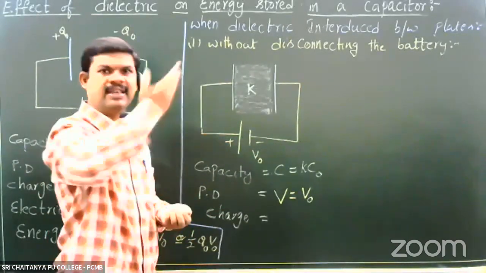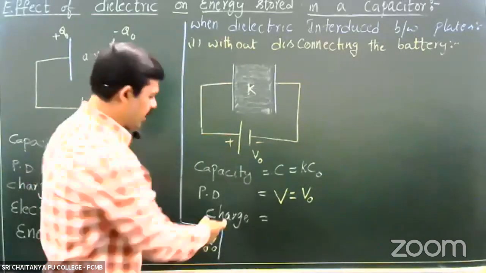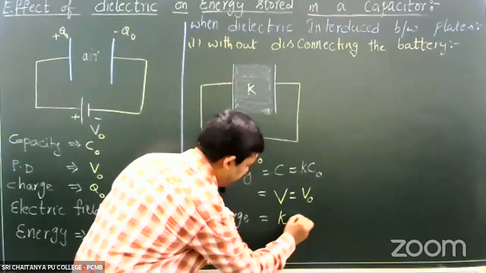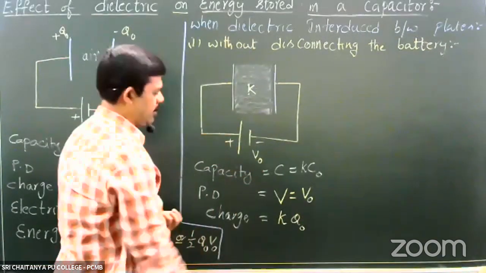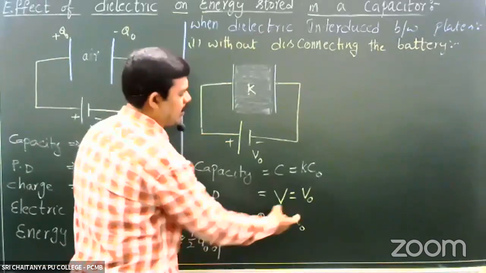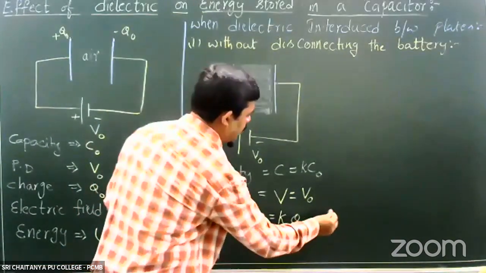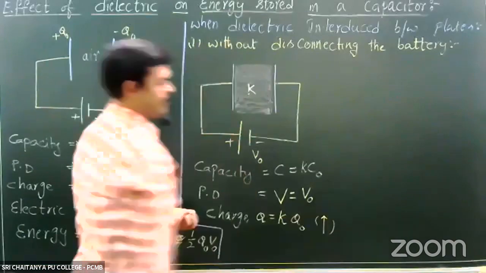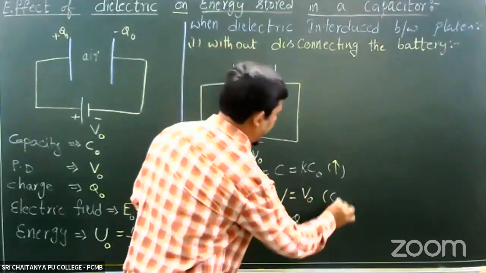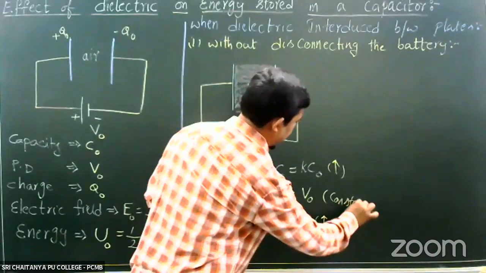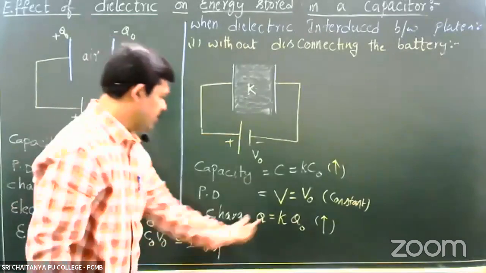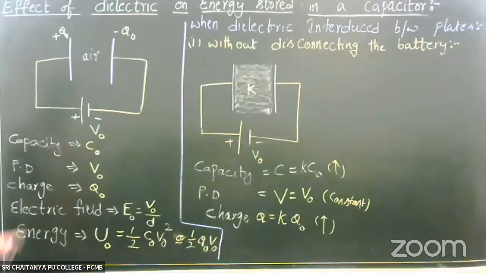Charge increases, K times its previous charge. So now Q is equal to K Q0. Charge increases, capacity increases, potential remains constant. Then what is next?